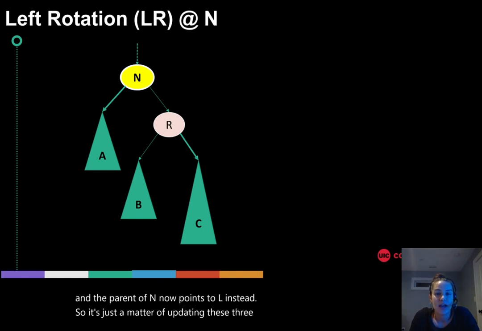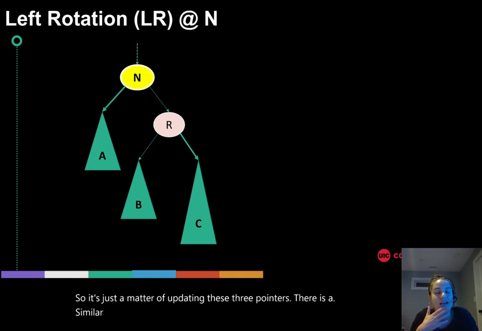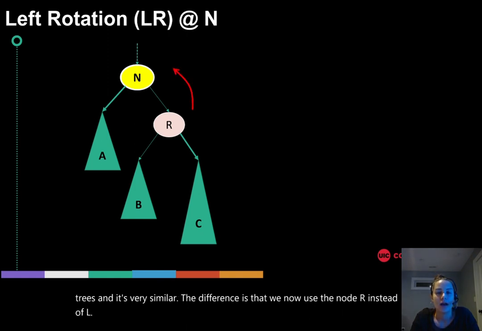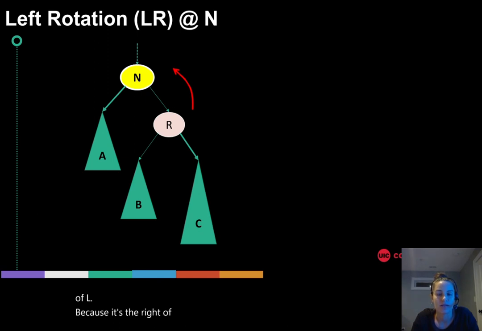There is a similar operation called left rotate that you perform on right-leaning trees, and it's very similar. The difference is that we now use the node R instead of L, because it's the right of the node that it broke at instead of the left.